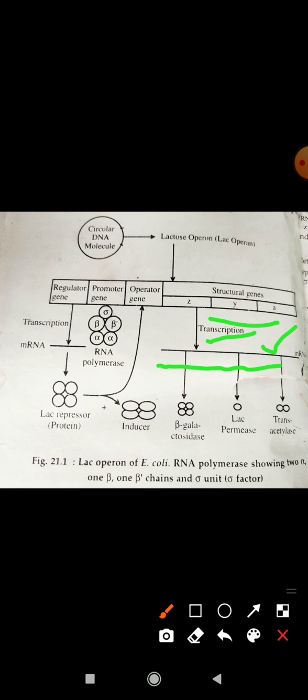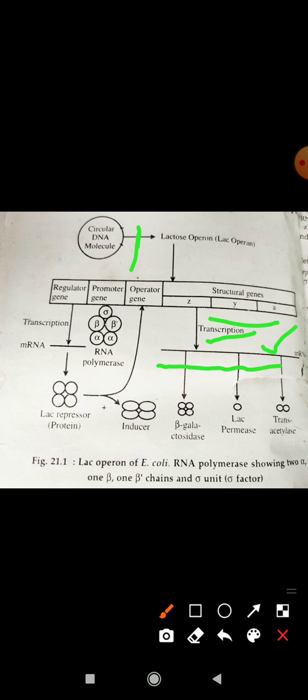The lactose operon of E. coli has a small segment of circular DNA. Here it is. This lac operon has 3 structural genes, that is A, Y, and Z, which transcribe only one long mRNA molecule.